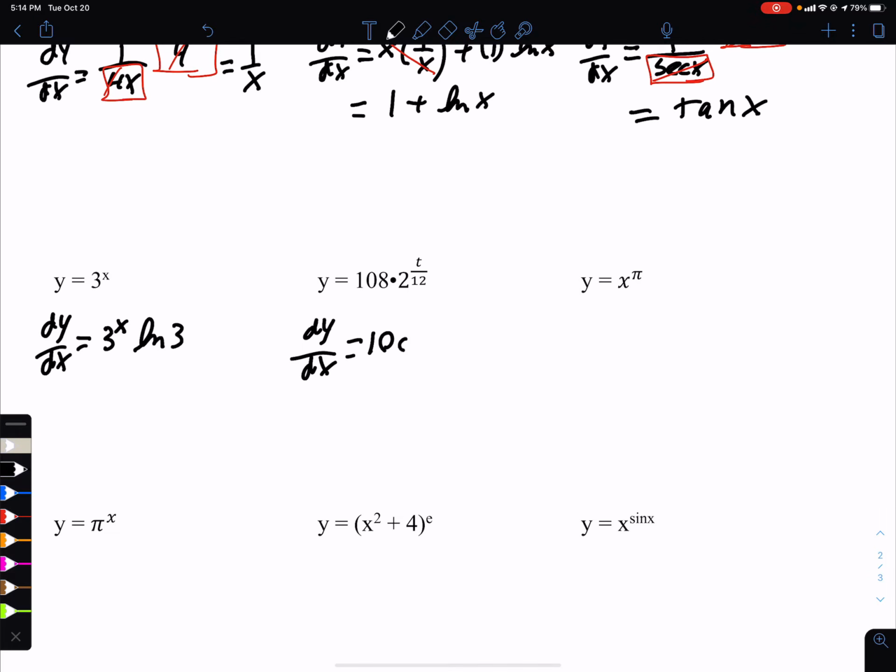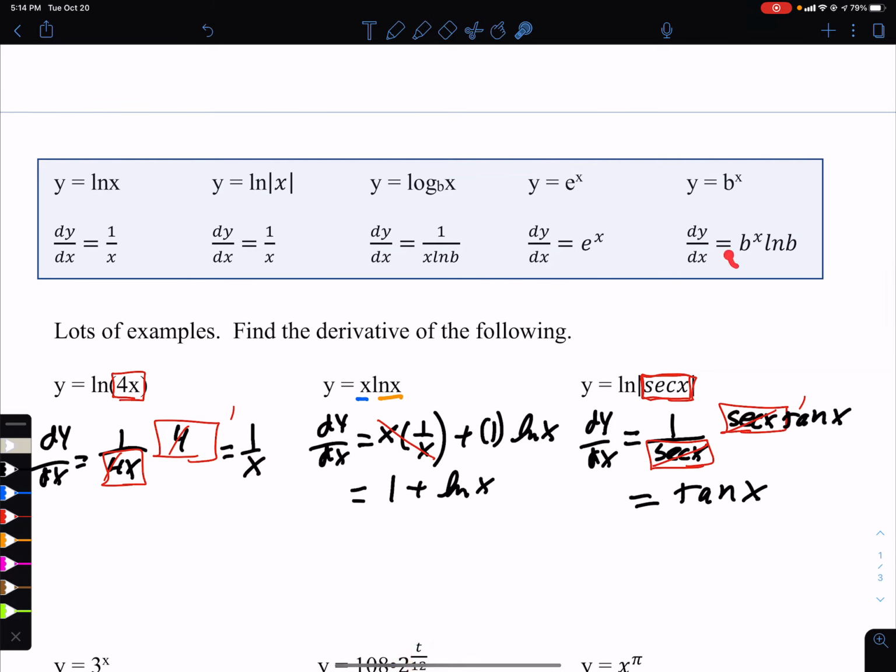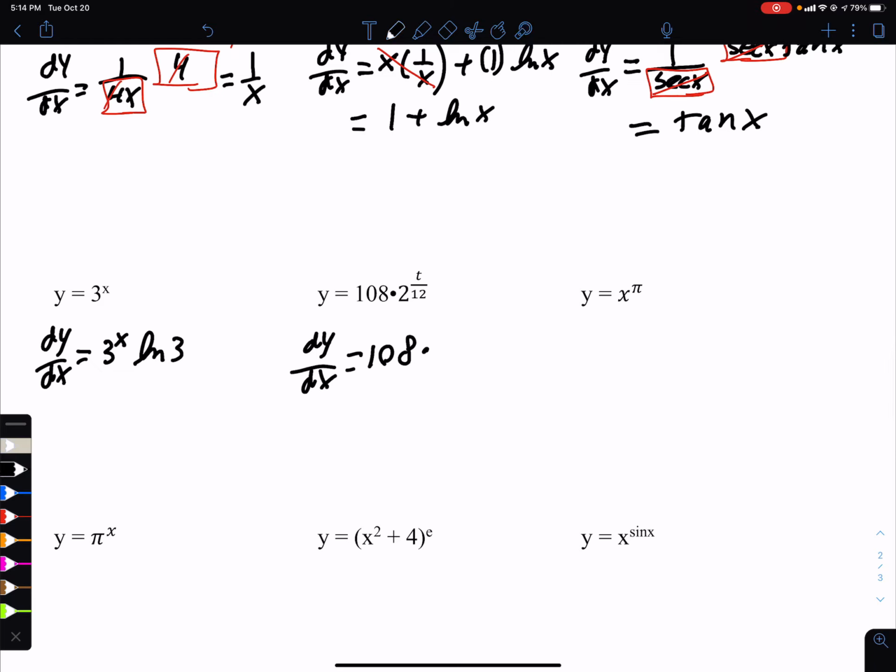I pull down the constant times, and what do I have? I have a base b to a power of a function. This is the new rule. I am my own grandpa times the ln of the base. So we can try this.